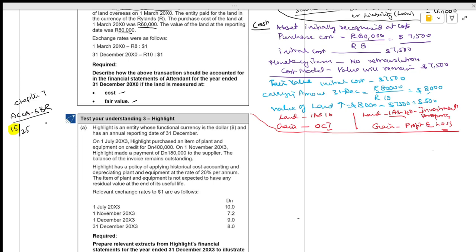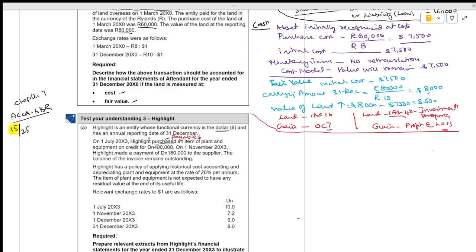Coming back to this, Highlight is an entity whose functional currency is the dollar, with an annual reporting date of 31st December. On July 1st, they purchased an item of plant and equipment on credit, which means it is going to be payables.